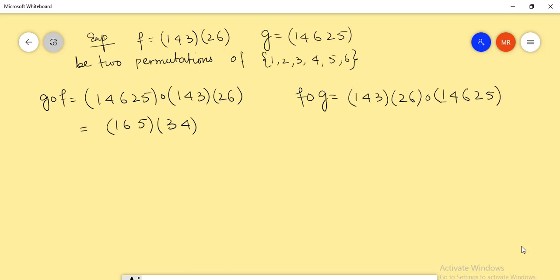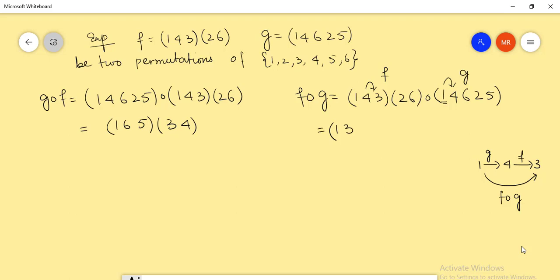And we start with the smallest possible symbol, 1. Since this is G and this is F, first we find the image of 1 under G, which is 4. Then we find the image of 4 under F, which is 3. Hence 1 is mapped onto 3 by this composition F composite G. Hence the result starts with (1 3).